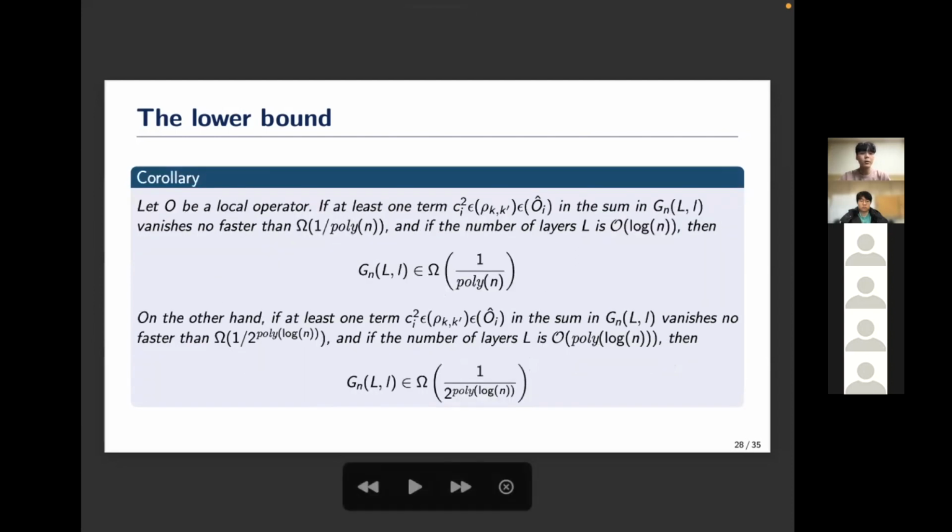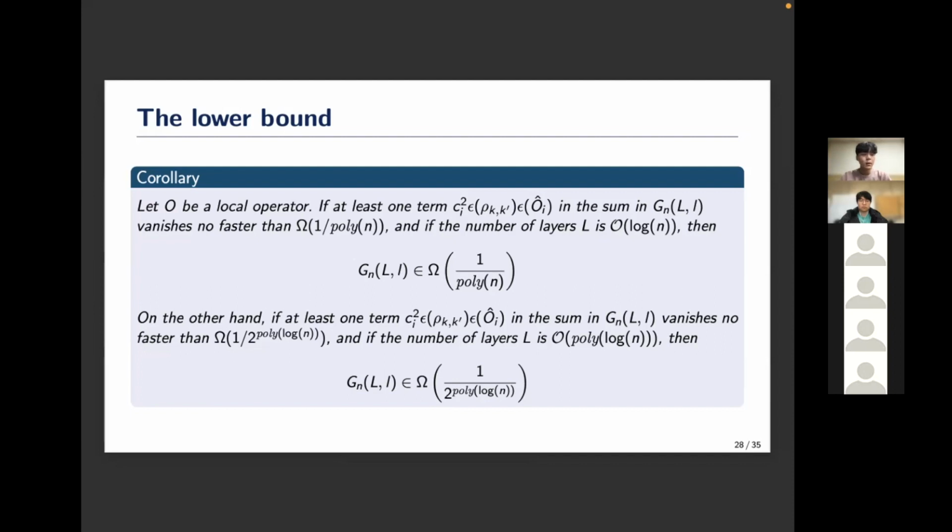The main result of the paper is this corollary. If at least one term in the sum in Gn L, L vanishes no faster than inverse polynomial of n, and if the number of layers L is O log n, then Gn L, L is an inverse polynomial of n.